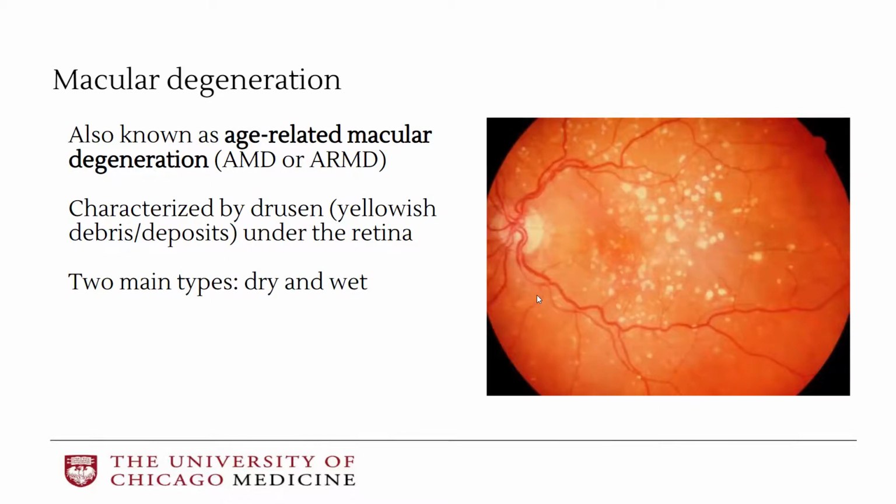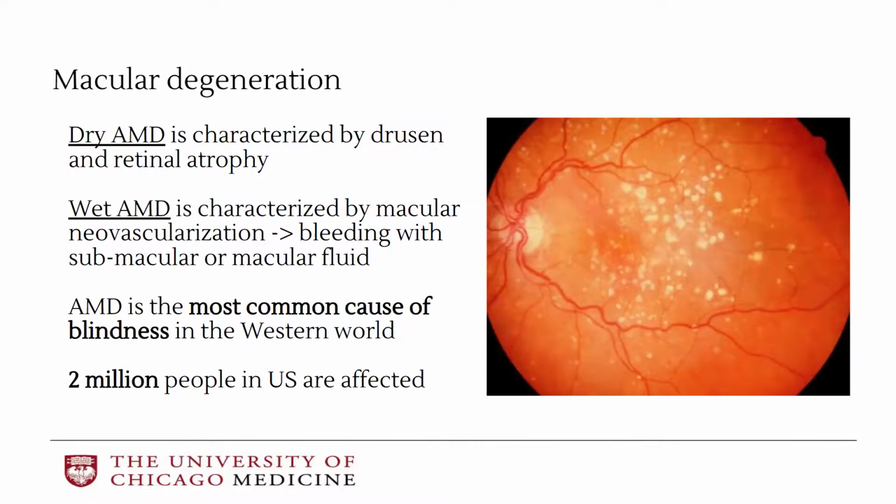There are two main types of macular degeneration. One is dry and one is wet. Dry macular degeneration is characterized by drusen, as well as what's called retinal atrophy. Atrophy, think of it as a sort of getting weaker. A muscle will atrophy if you don't use it.